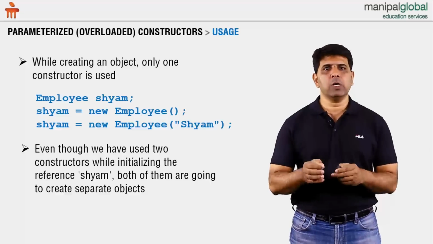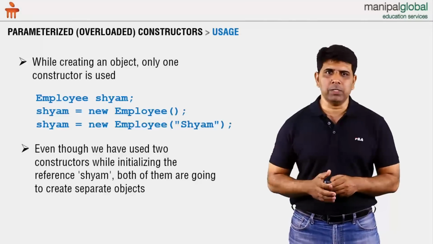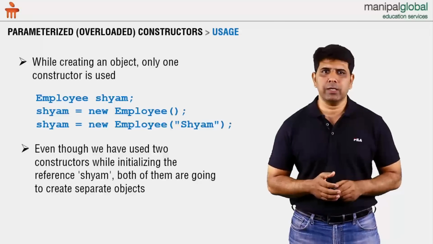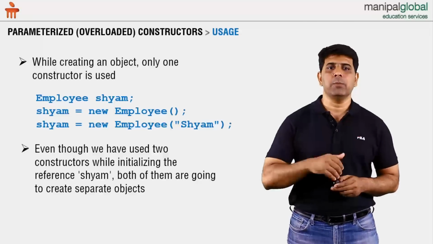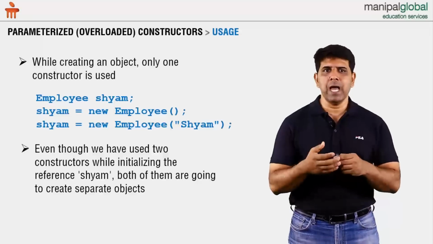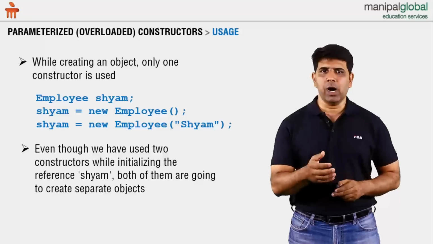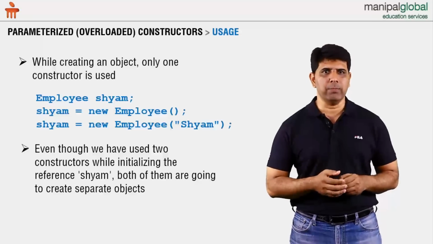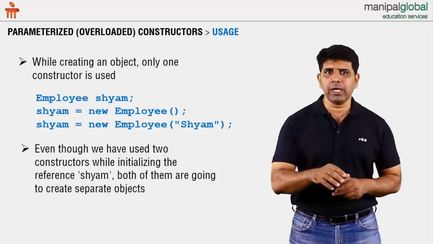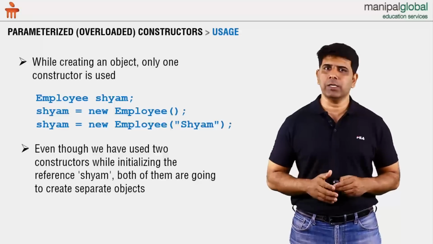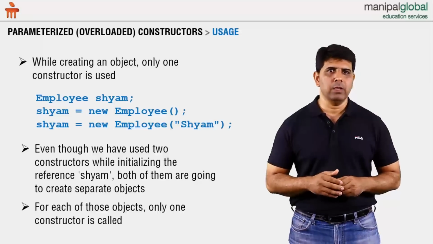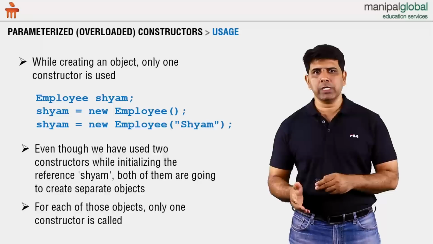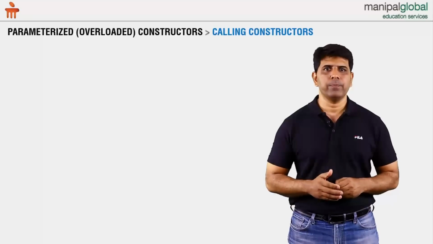But every time you call new Employee, a new object gets created, because of which the previously created objects are now not reachable, so they are garbage. They will be removed from memory over a period of time. So for a given object, only one constructor is associated, and for each of those objects, only one constructor is called.